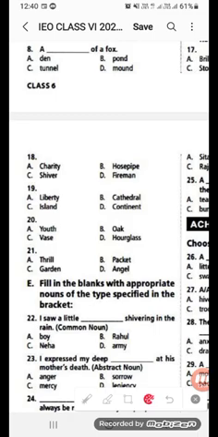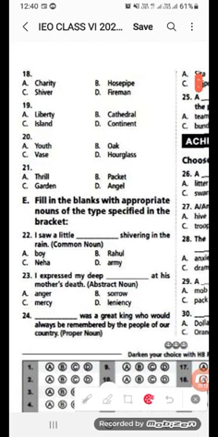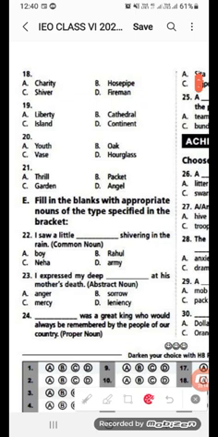Next is number 21. Thrill: a sudden strong feeling of pleasure or excitement. Packet: a small box, bag, etc., in which things are packed to be sold in a shop.